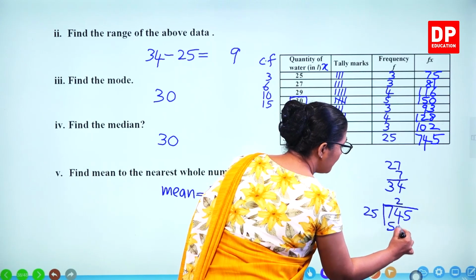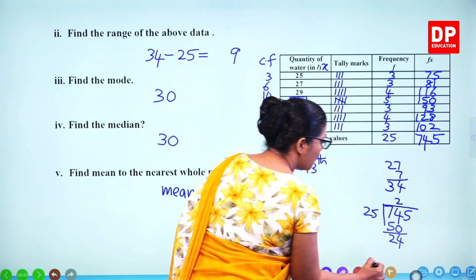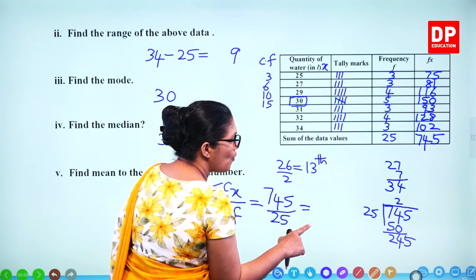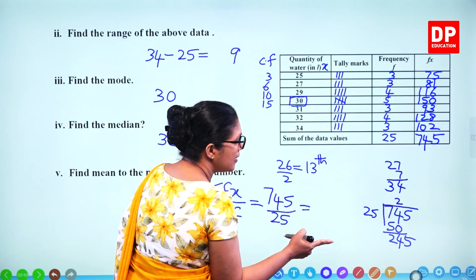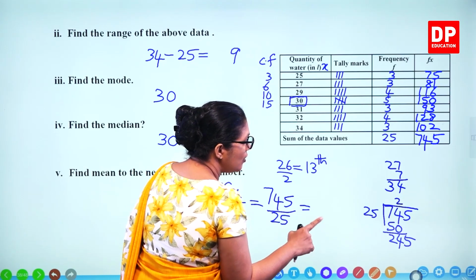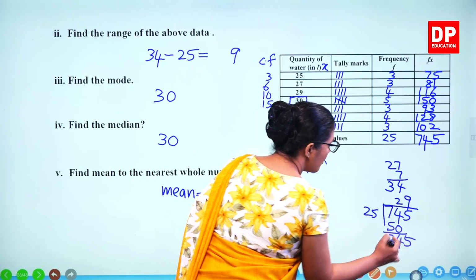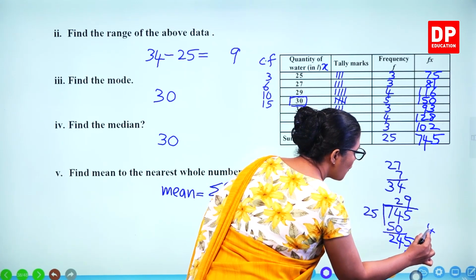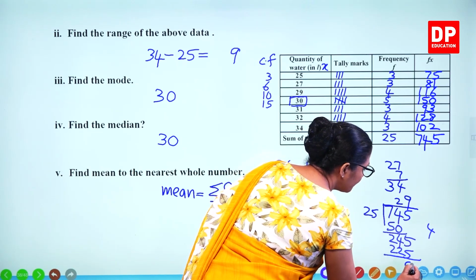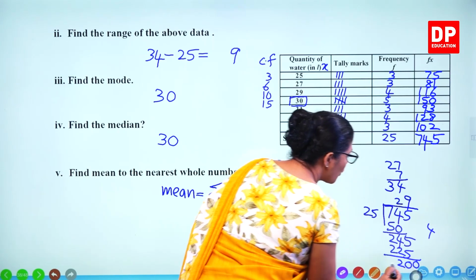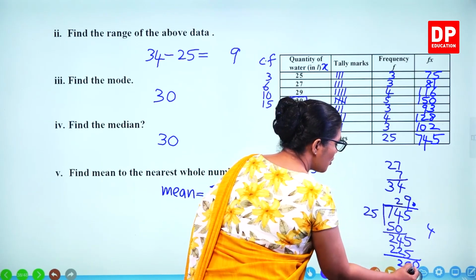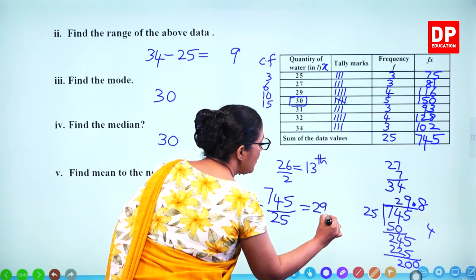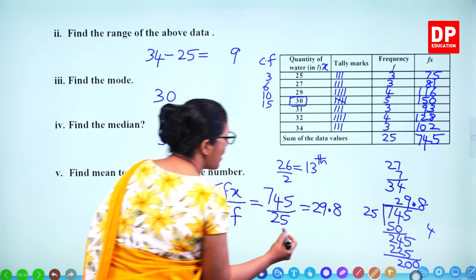You get 29.8 is the answer, but we need to round it to the nearest whole number.